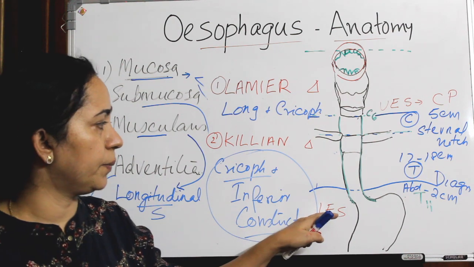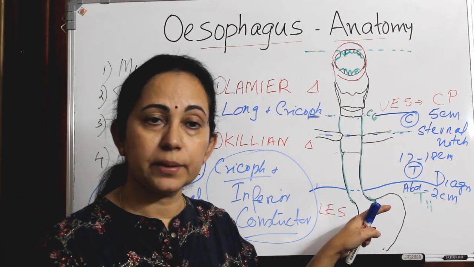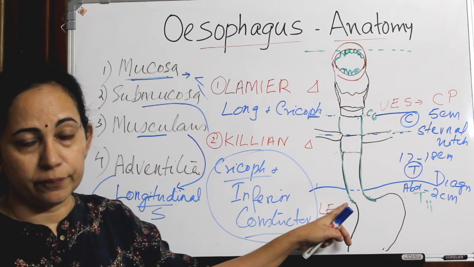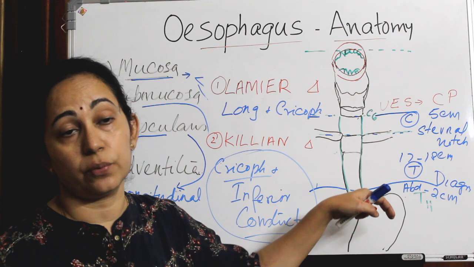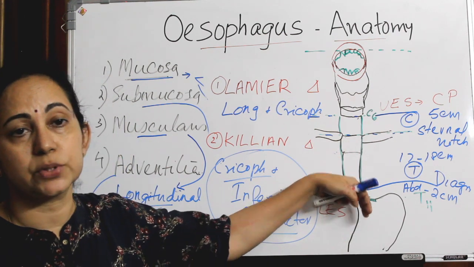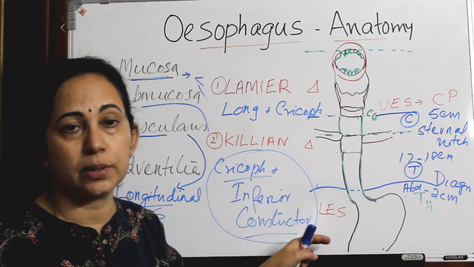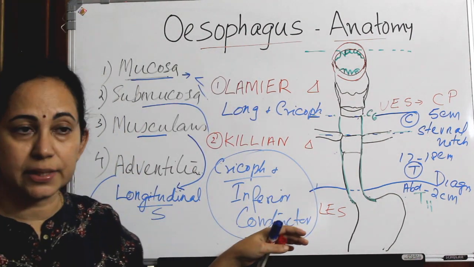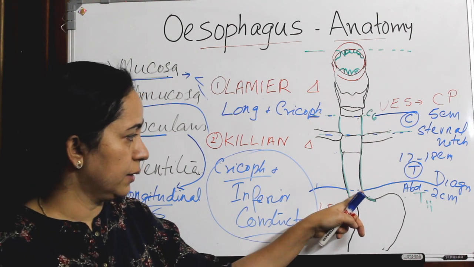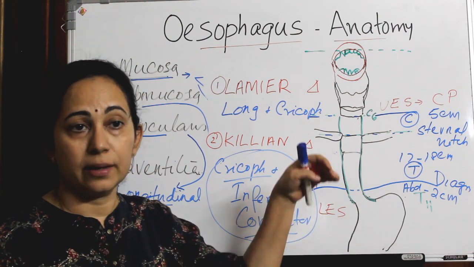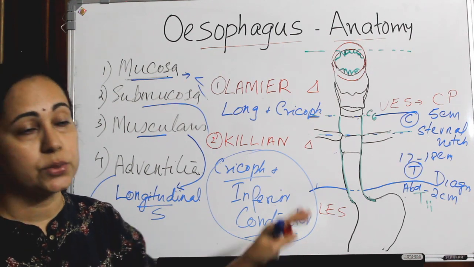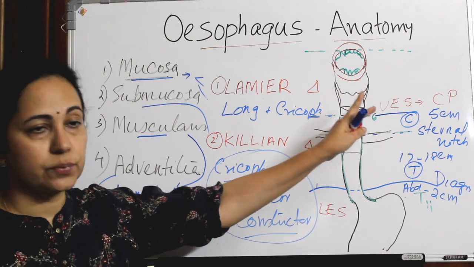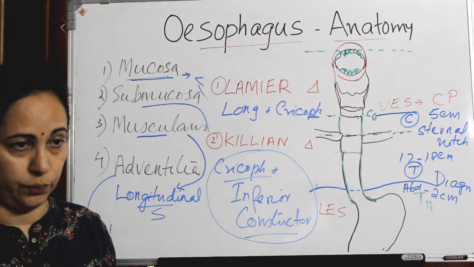It is mainly formed by the oblique or circular fibers on the crus of the diaphragm, and also the oblique smooth muscle fibers of the stomach. The lower esophageal sphincter also acts because of the thoraco-abdominal pressure gradient and the esophagogastric junction angle. So the upper esophageal sphincter is formed by the fibers of the cricopharyngeus.